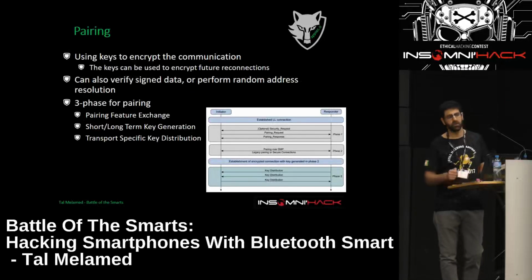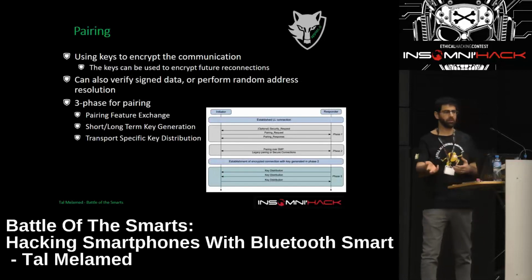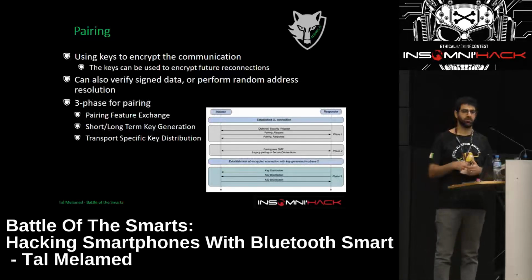So the first thing that you do when you try to connect your app to your device is to pair to the device. Hopefully. I've already seen many devices that don't even use pairing. That means that you can just connect to them.